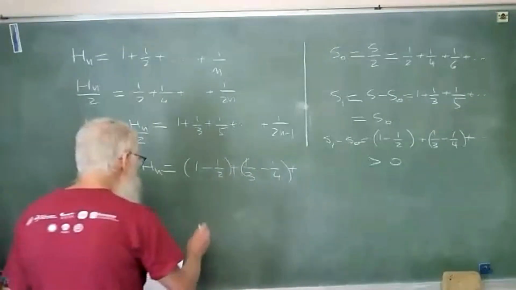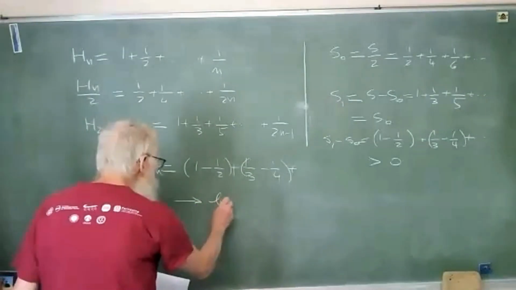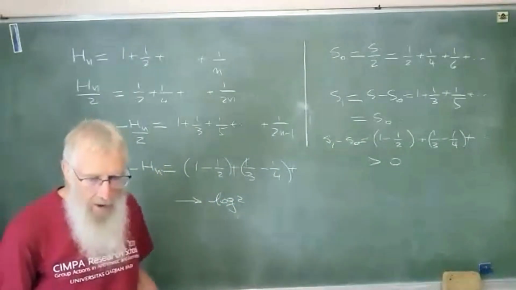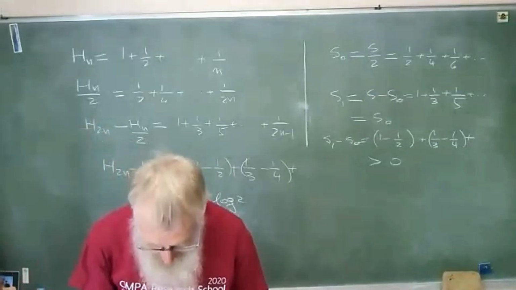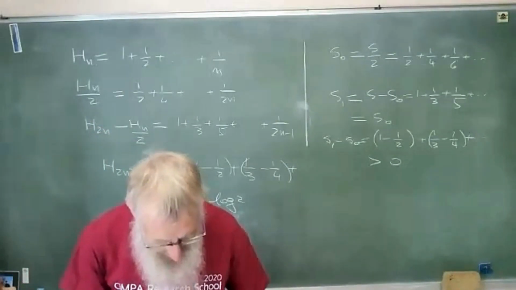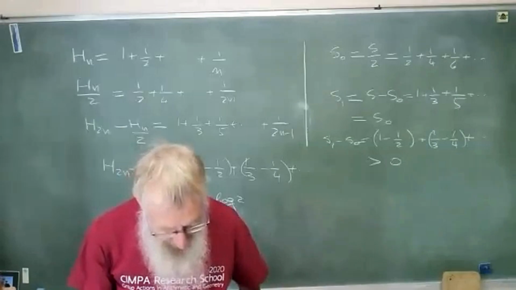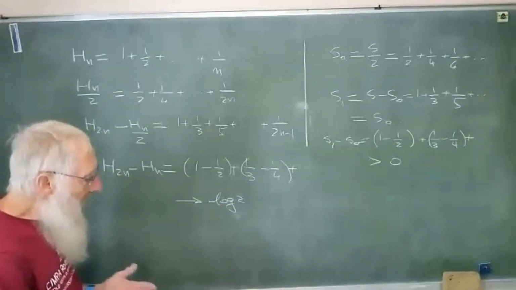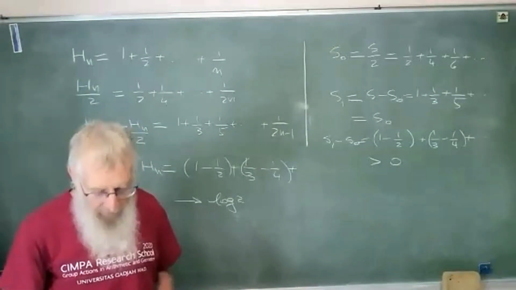But when n tends to infinity, what you obtain at the limit is log 2. So H2n minus Hn tends to log 2 when n tends to infinity. And this shows that Hn behaves like the logarithm of n.